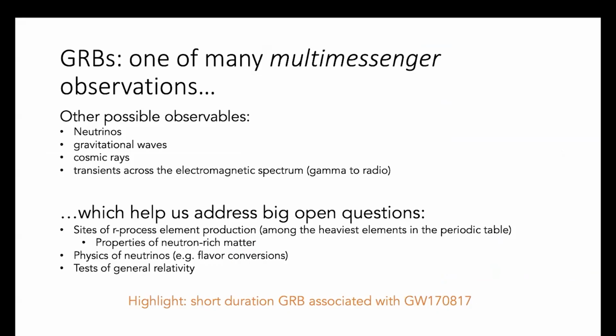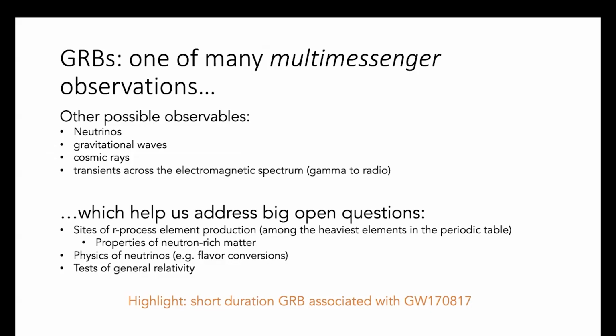And then gravitational waves, for example, 2017 with the neutron star merger observation, the famous one. Cosmic rays are another possibility. And of course, transients across the electromagnetic spectrum from gamma rays to radio, which we did discover as well in 2017.